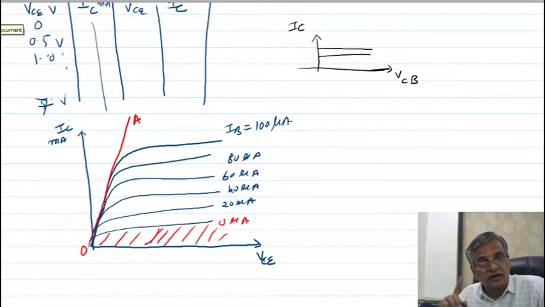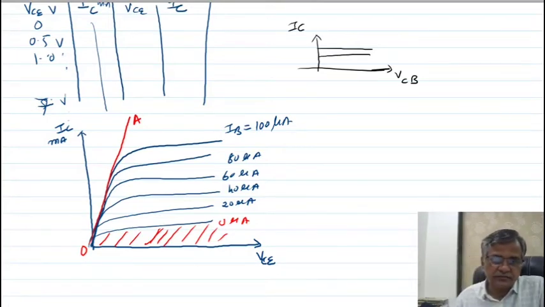We have seen the early effect, base width modulation, in the last lecture: as VCB increases, alpha increases, and this is called base width modulation.